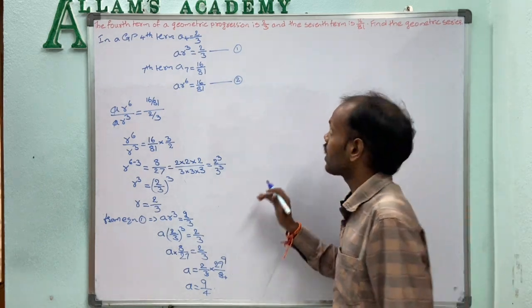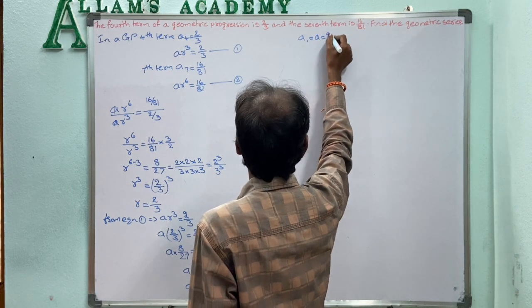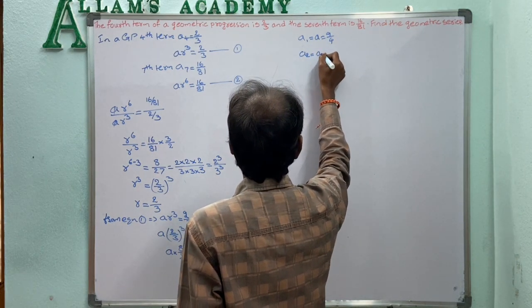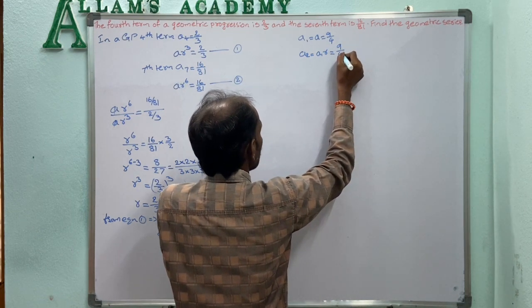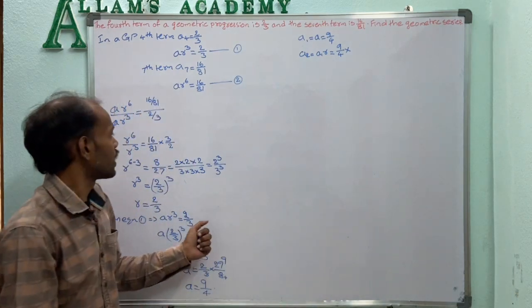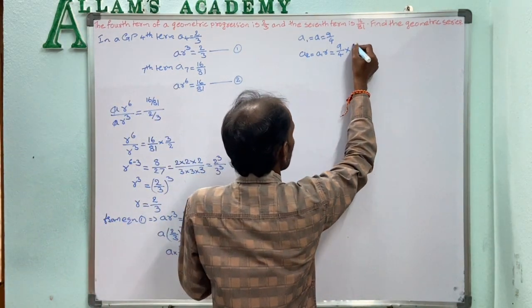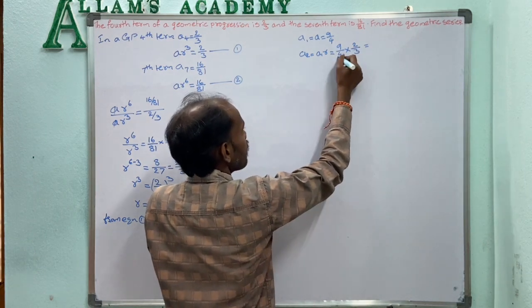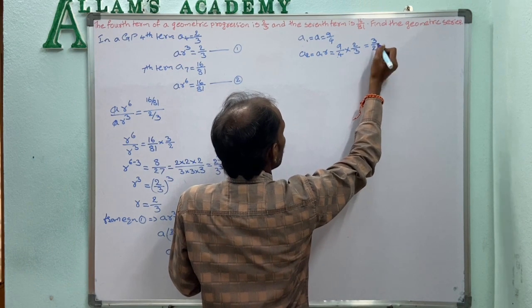The first term a1 is a equal to 9/4, and the second term a2 is a1 times r, that is 9/4 times the common ratio 2/3. So 9/4 times 2/3: 3 threes are 9, 3 ones are 3, 2 ones are 2, 2 twos are 4, which gives 3/2.